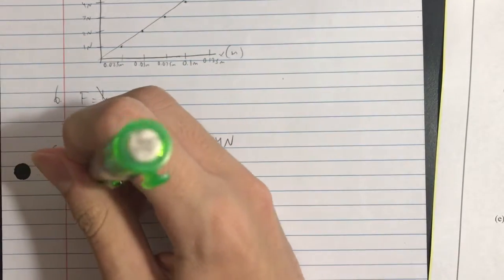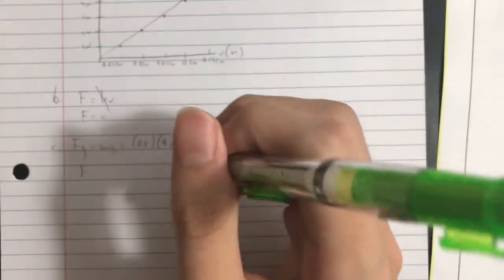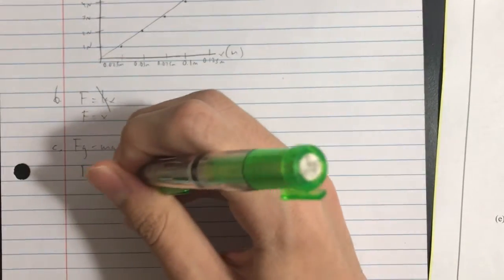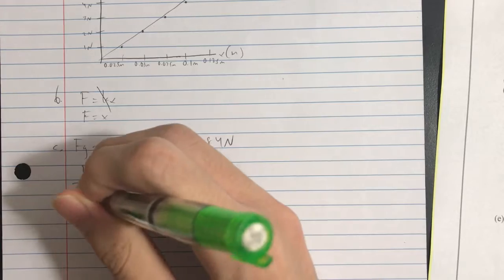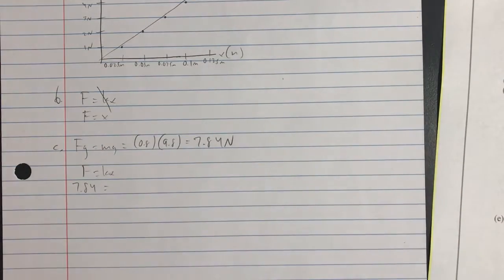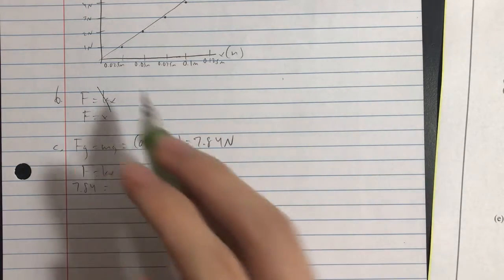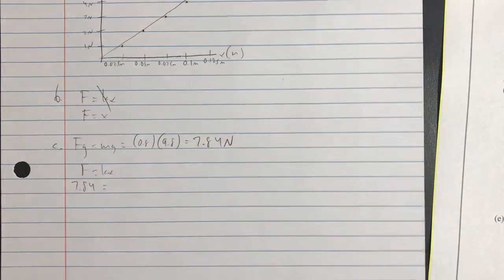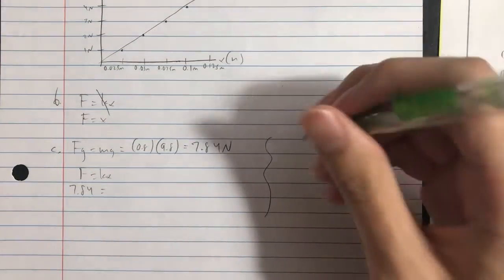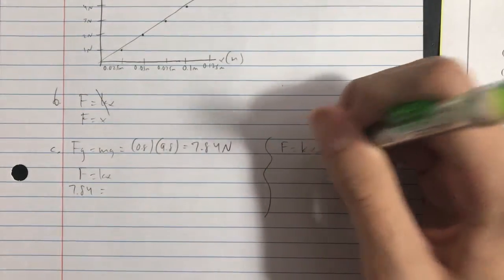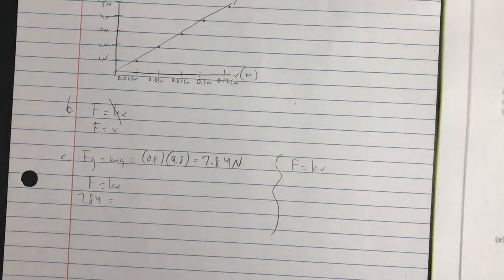Now we can set up Hooke's law to find the distance stretched. F equals Kx. F is 7.84. To find K, we can use one of these other points using Hooke's law, because K is always constant, so we can find it using one point of data.